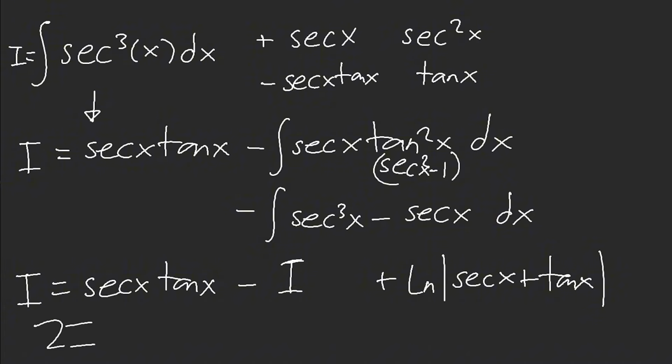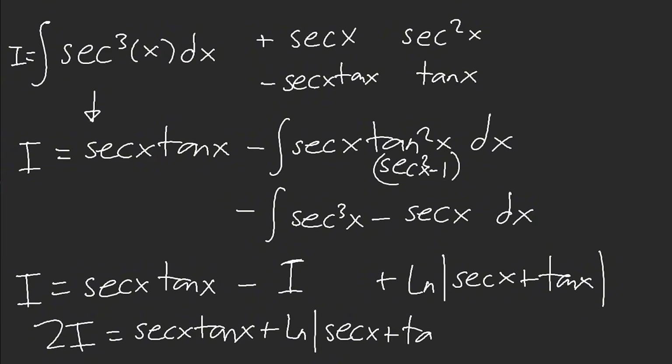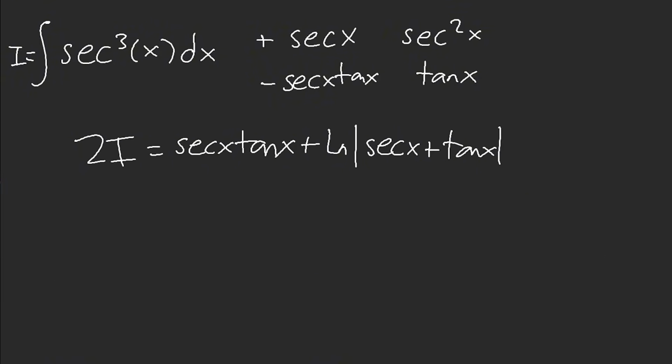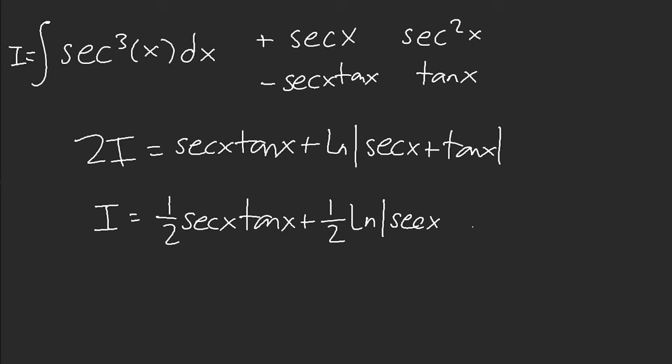You get 2I equal to secant x tangent x plus ln of secant x plus tangent of x. Our I is just everything, literally everything divided by 2. So our integral is a half of secant x tangent x plus a half of ln of secant x plus tangent x plus c.